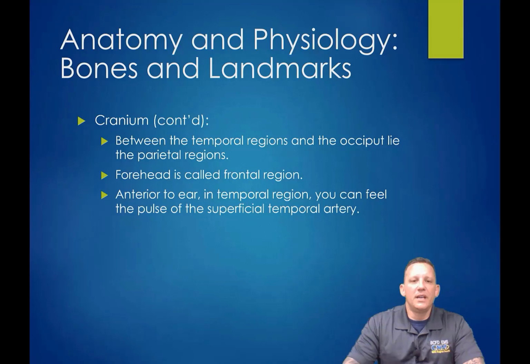The forehead is the frontal region, and if you're palpating on the scalp anterior to the ear in the temporal region, you can actually feel a pulse of the superficial temporal artery. It's actually fairly easy to locate, and you may have already found it just in perhaps light massaging of the temporal area, like during, say, a headache or something of the like.